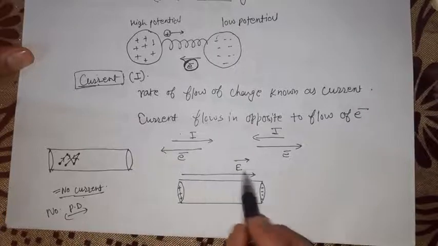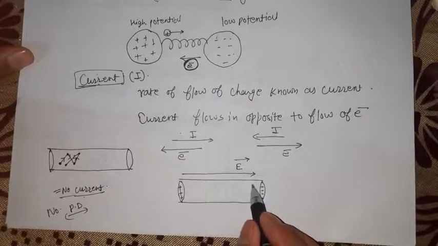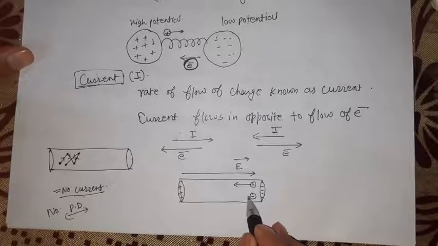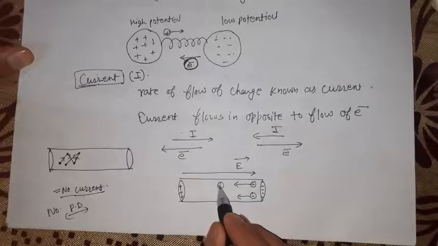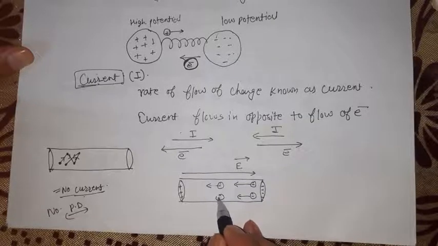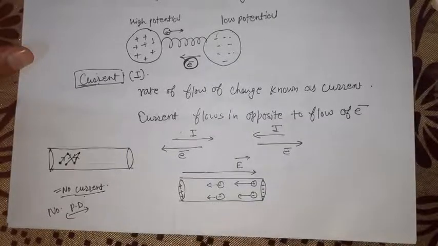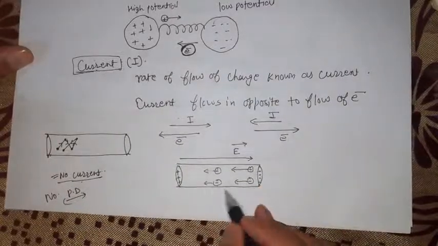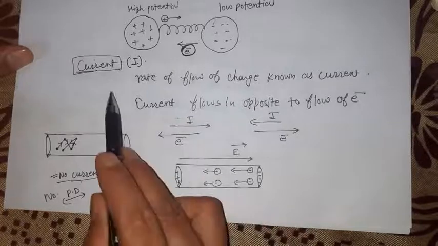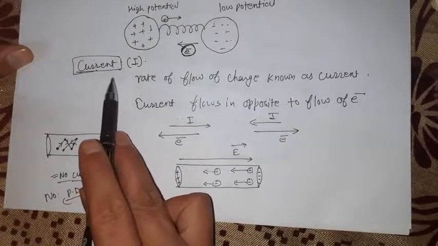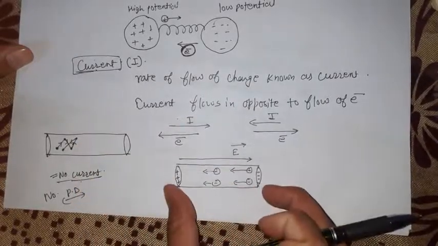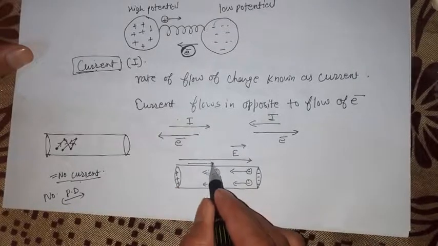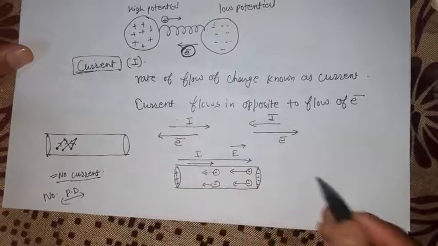Due to this electric field, the electrons will feel the attraction and start to move toward the left, in a definite direction. Due to the movement of electrons in a definite direction, there is a flow of current in this conductor, and the current will flow toward the right.